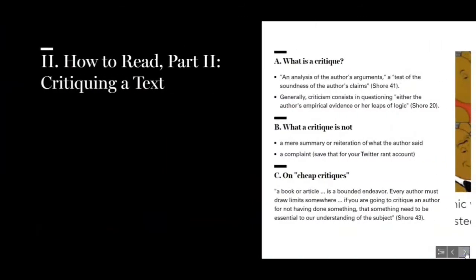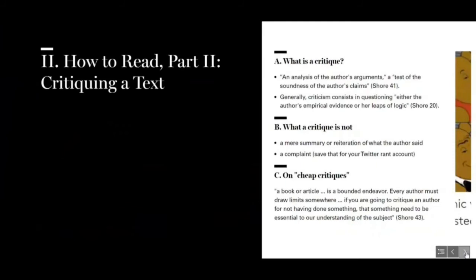Okay, so moving on to part two, how to read part two, critiquing a text. So what is a critique? Shore defines a critique as an analysis of the author's arguments, a test of the soundness of the author's claims. Generally, criticism consists in questioning either the author's empirical evidence or her leaps of logic.